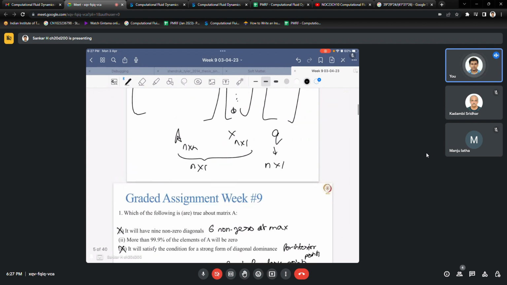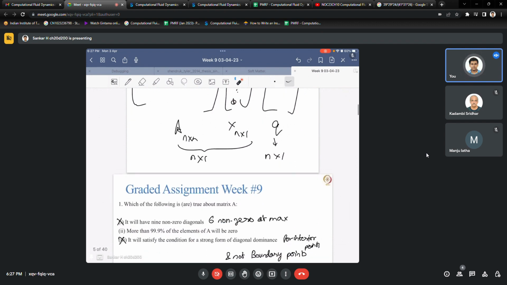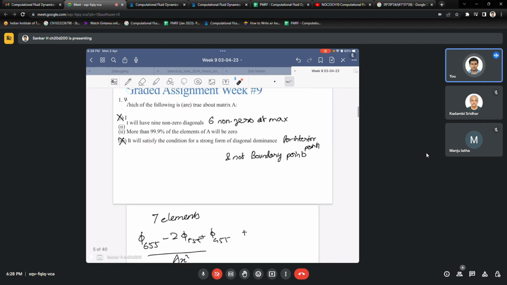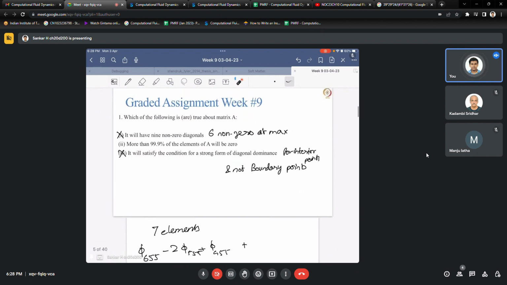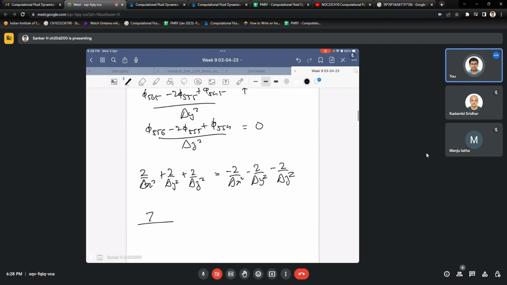So when we solve for the 5 values over here, in each of these equations there will be at most 7 elements, and each of these equations will contain all the elements in these 26,760 elements. Therefore, totally there will be 7 elements out of the 26,760 elements which are non-zero.